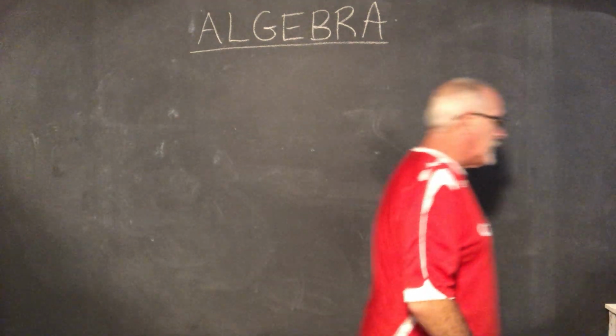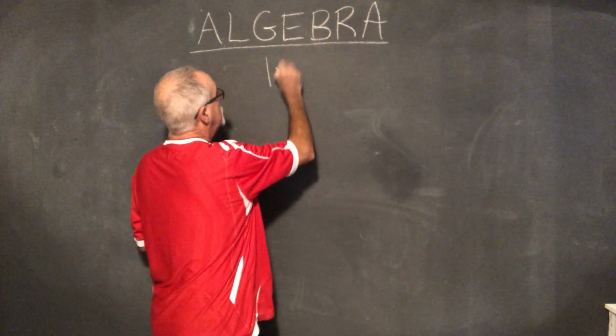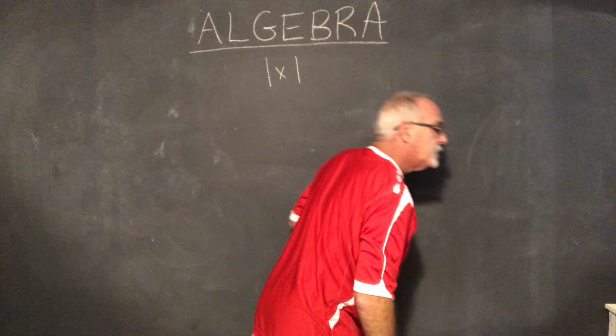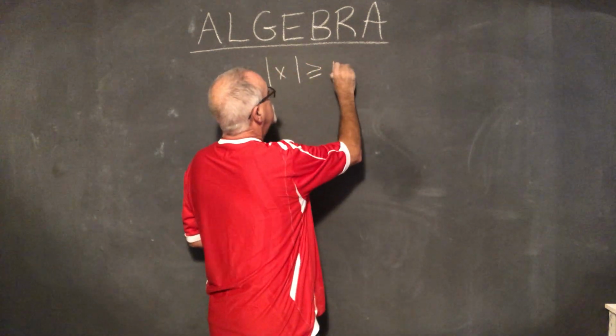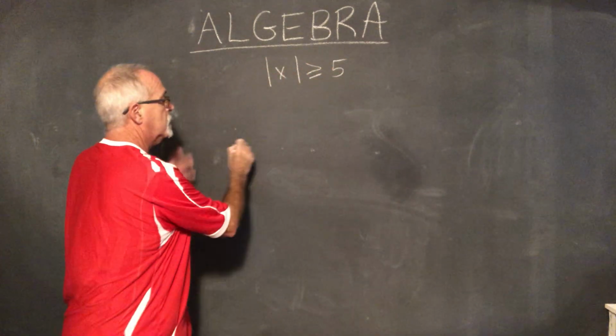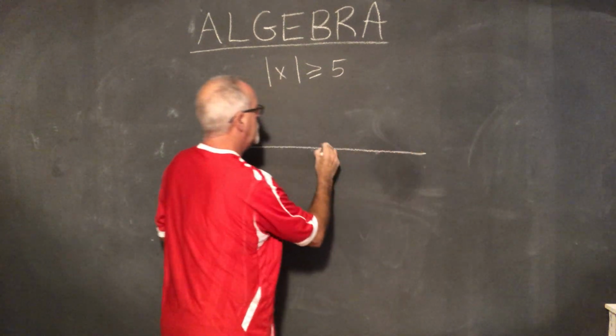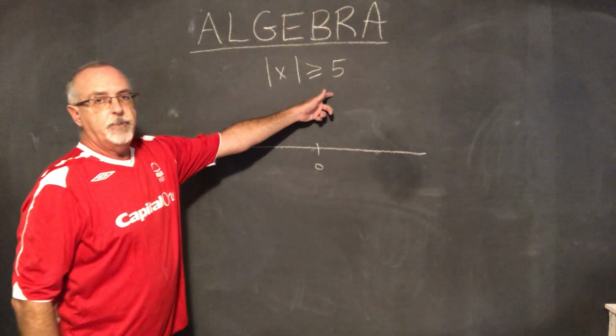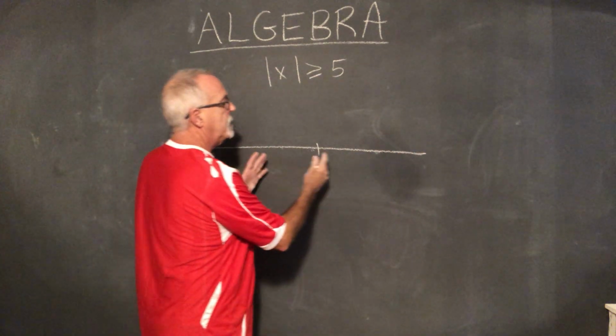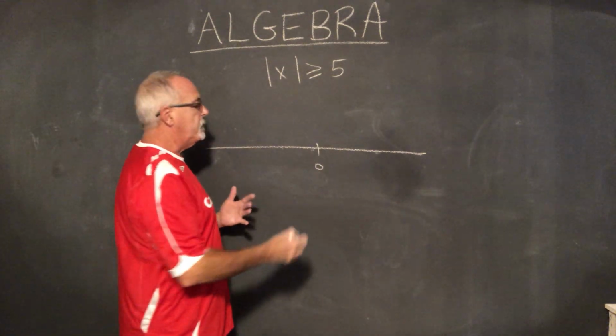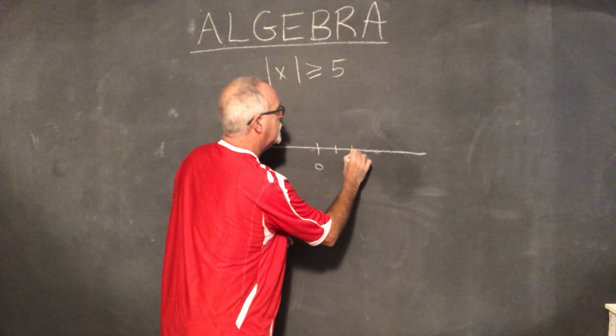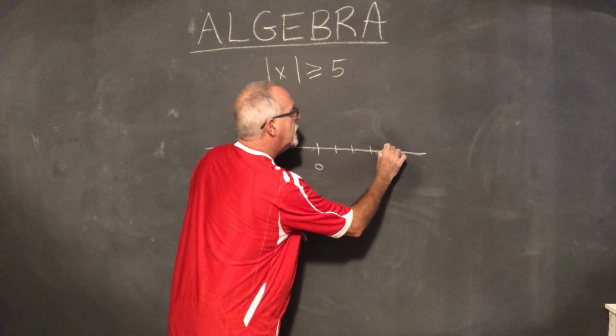Okay, so how about the absolute value of x is greater than or equal to 5. I'm going to start by getting my number line out, putting a 0. I have to make sure 5 fits, so I don't want to put the numbers too far apart. I could count up by 2s if I want, but I think what I'll do is just put the dashes a little closer together.